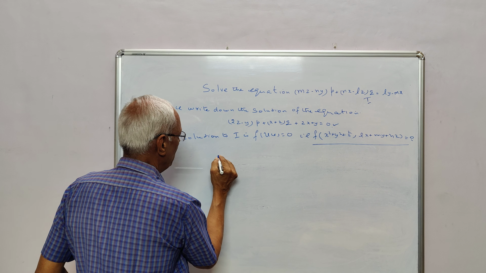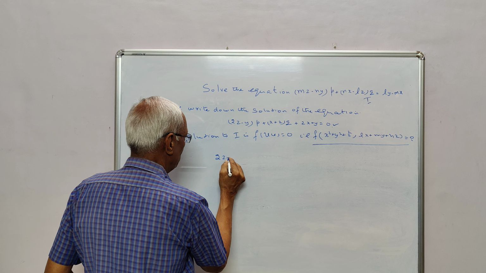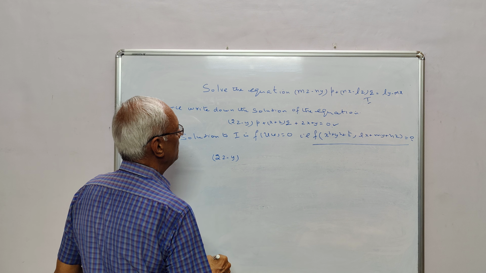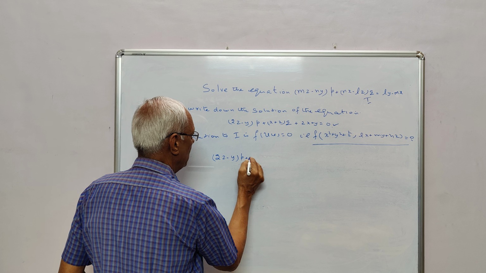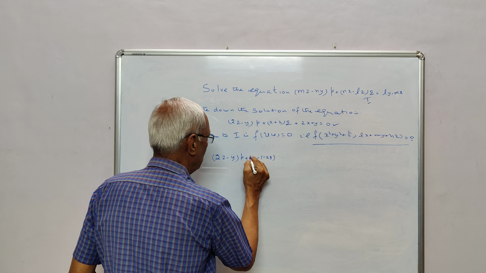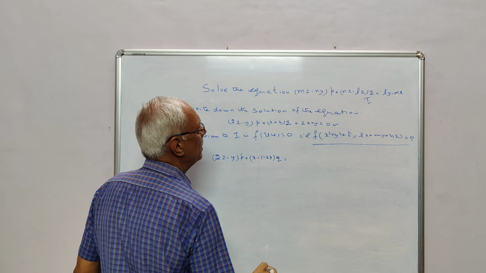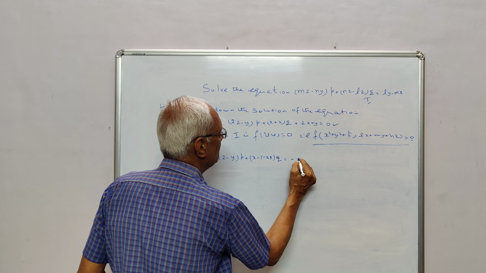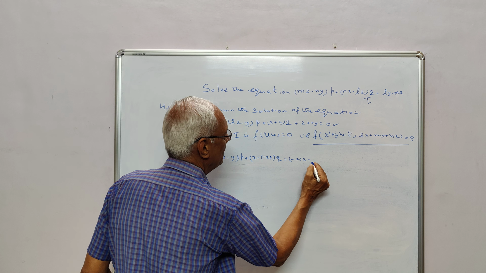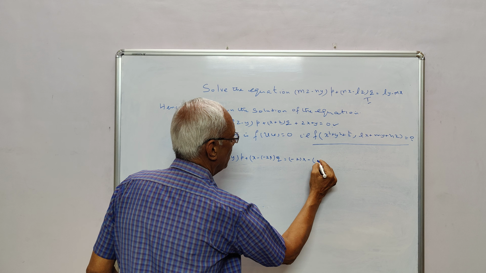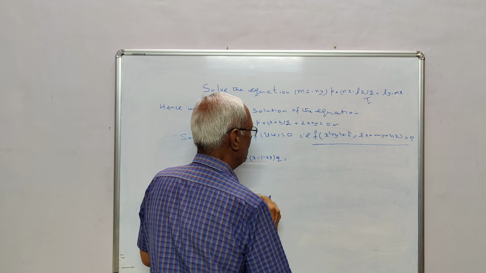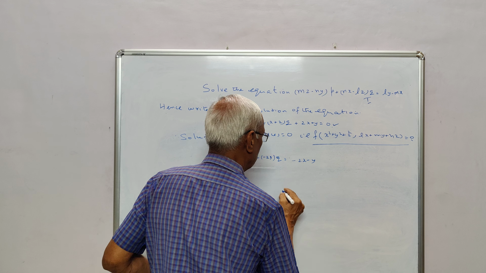See, what you have to do is, you are given 2z minus y into p plus x minus of minus z into q is equal to, take this to the other side, it is minus 2x minus y.